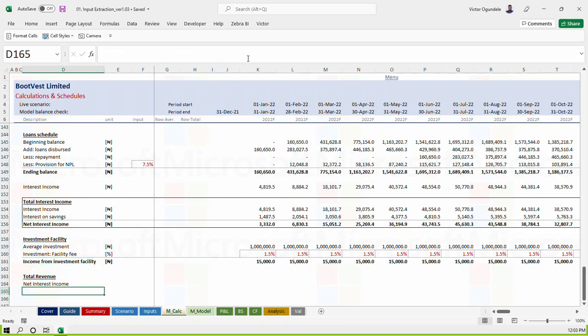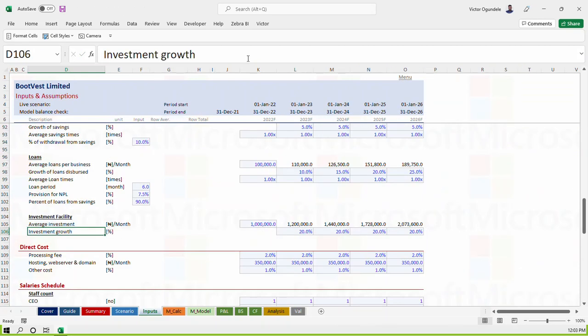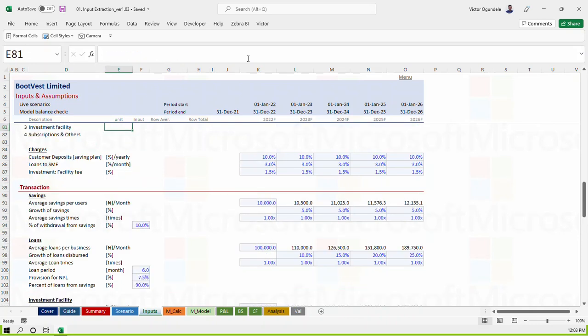Then the next one will be income from investment. Isn't the investment facility 1.5? I think that should be yearly. Is that not too small? Is that not the management fee?